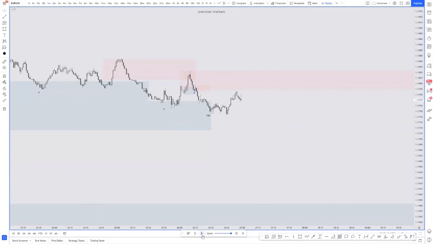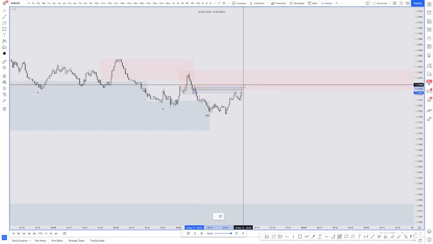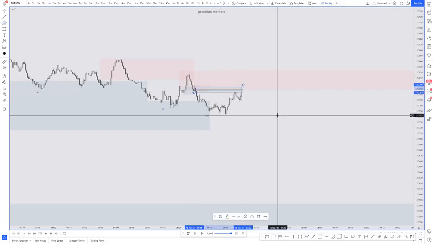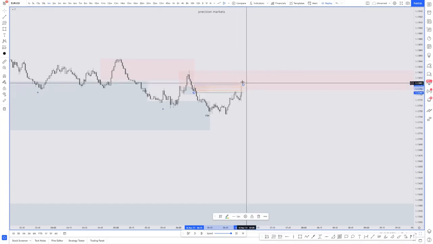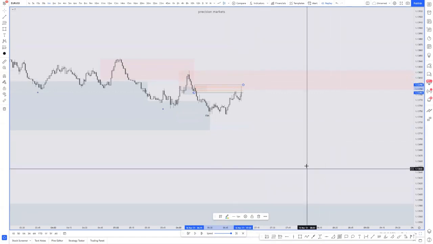So right now we're just waiting for the 15 POI to get hit. And so we did tap into our 15 POI. Depending on your risk tolerance and how you manage, you do have opportunity. One would be this entry right off the bat. The reason that's an entry is, one, we tapped into a flip zone here, and two, we tapped into the 15 supply.